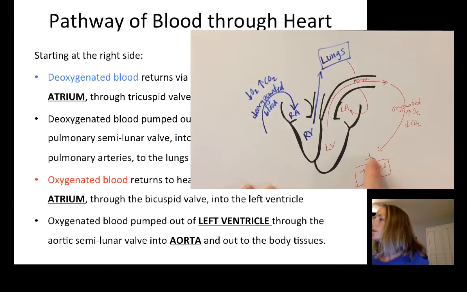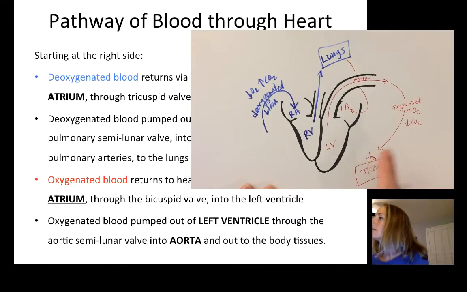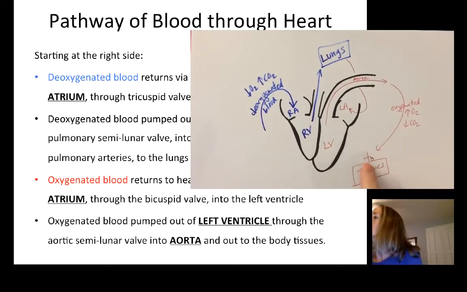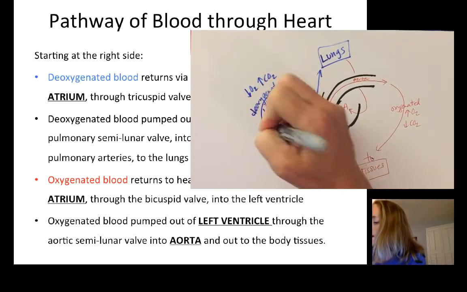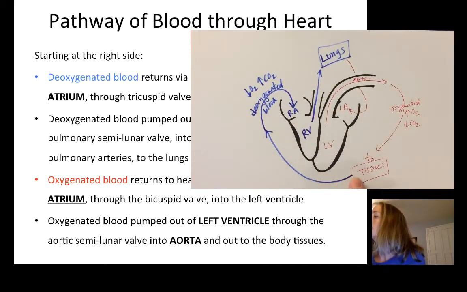The tissues are going to use the oxygen for metabolism and produce carbon dioxide waste during the process of metabolism. So the blood leaving the tissues will be this deoxygenated high carbon dioxide blood. That will then return back to the right side of the heart and the cycle will continue.